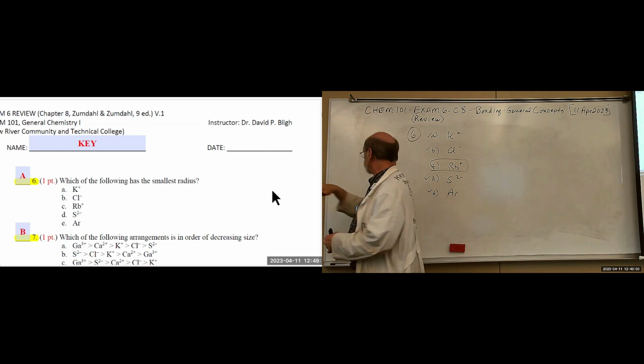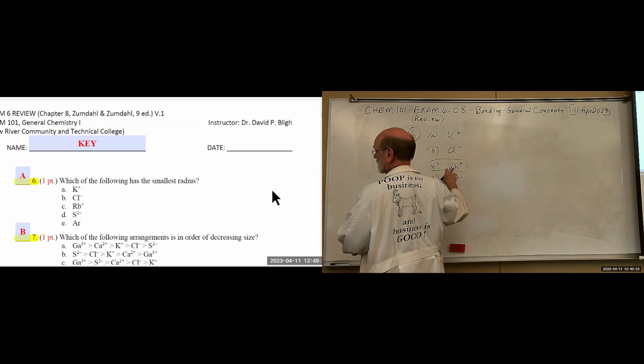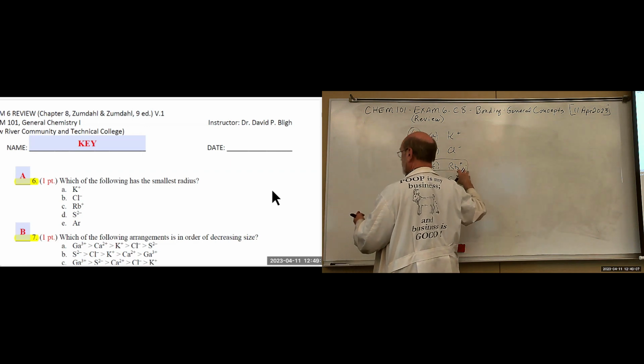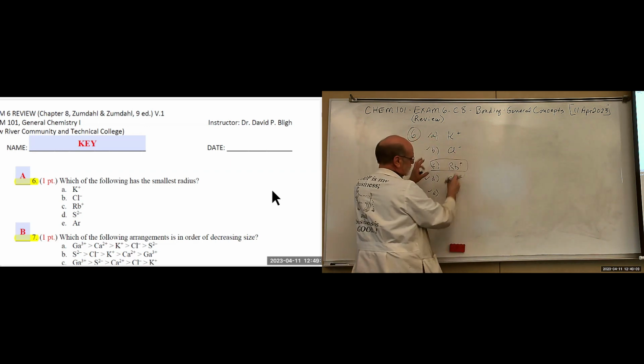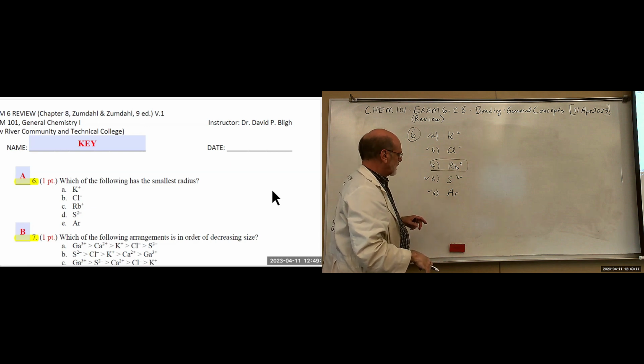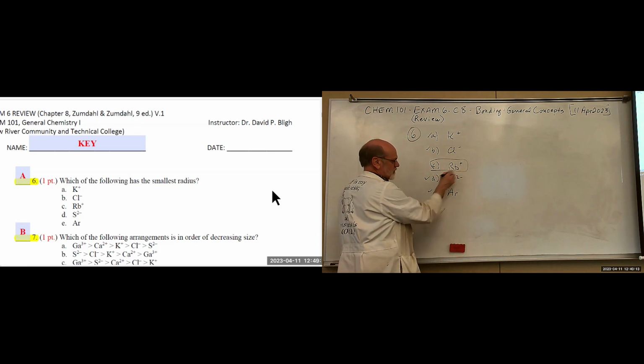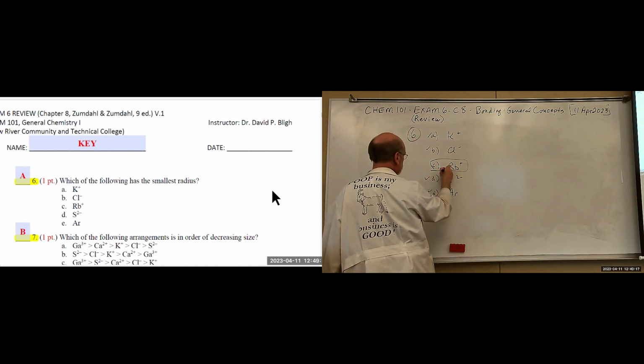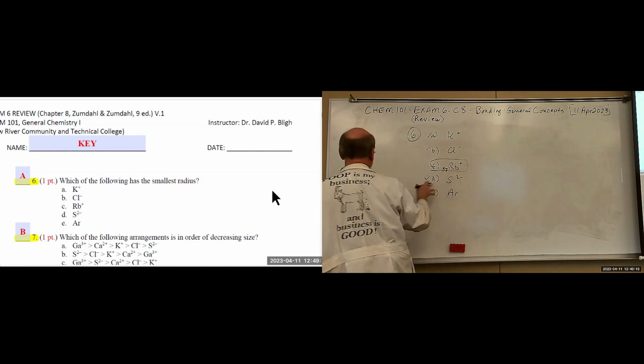So rubidium atomic radius would be the biggest. But I'm not sure about rubidium because it's going to have 37 protons, and the rest of them have fewer protons.